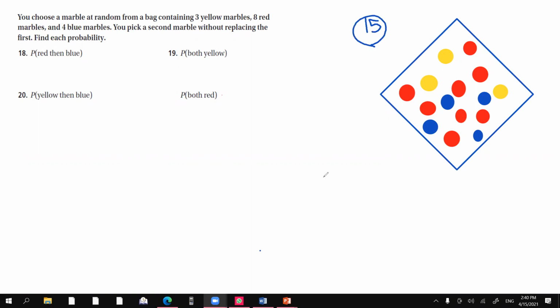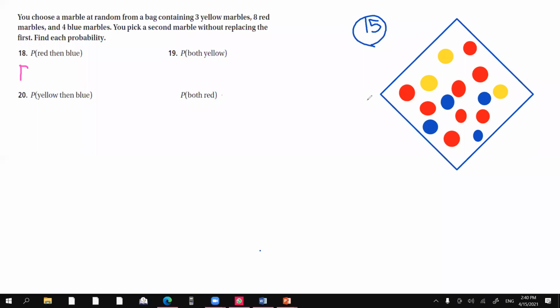Now, the first one, what is the probability of getting red? So here now, I have to choose red first, then blue. Since I said probability of taking red, then blue, I'm dealing now with dependent events.